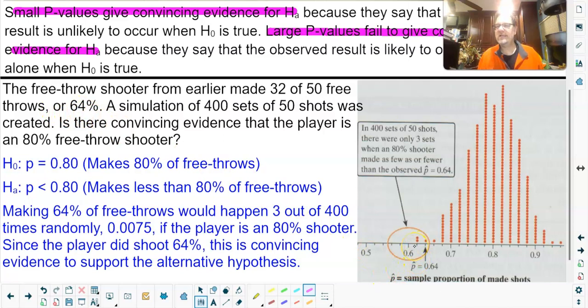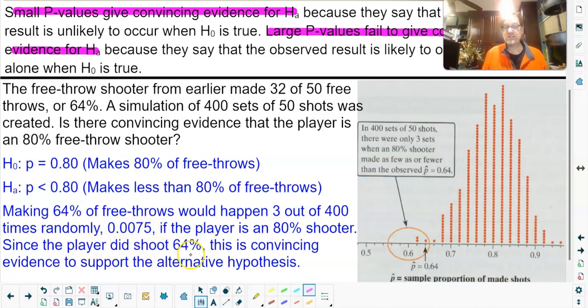Well, how likely is it that he just had an off game? Or is this by chance? Well, this 64%, if he is an 80% free throw shooter, is very unlikely to happen. 3 out of 400 times is 0.0075. So it did happen, but if the player is an 80% shooter, this should not have happened.